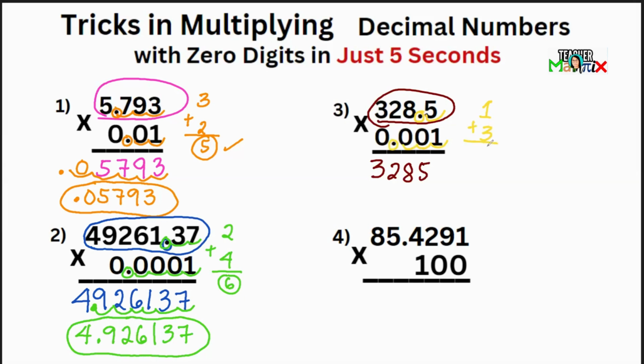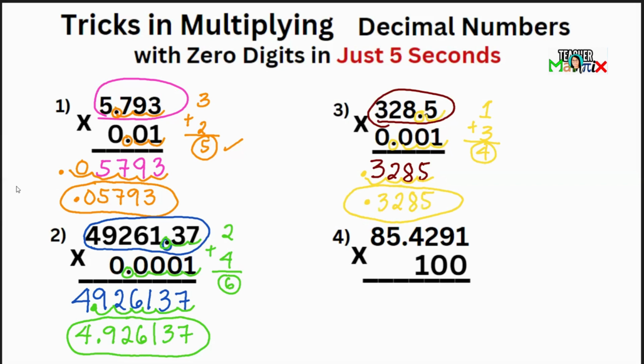Then, 1 plus 3, we have 4. So, meaning, you have to move from the right 4 times. 1, 2, 3, 4. Okay, let me rewrite the final answer. Ito lang. 0.3285. Yan yung final answer natin.